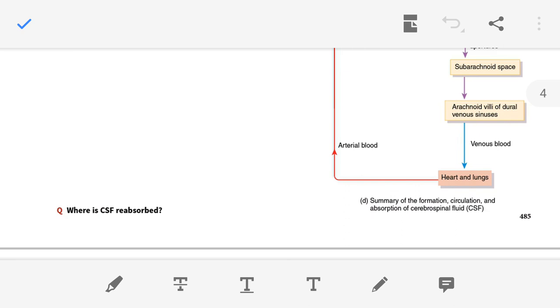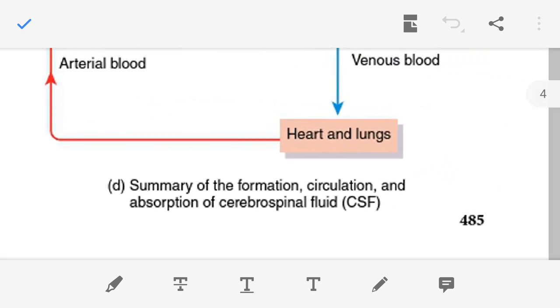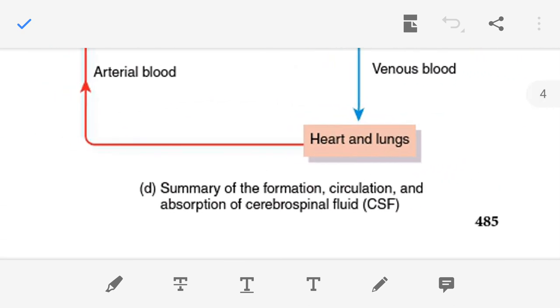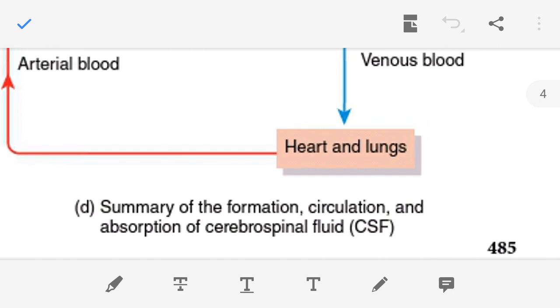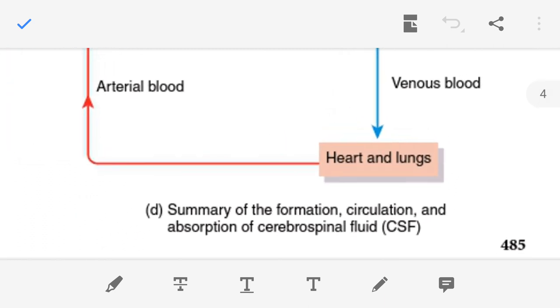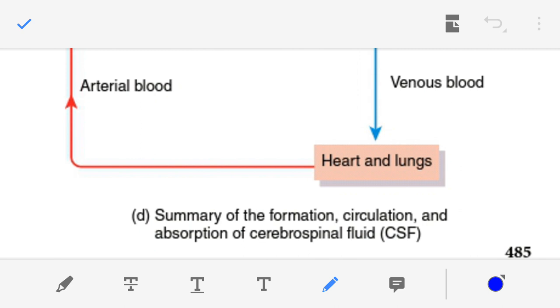Now here I am showing you one concept map, and in this concept map they have shown us the formation, circulation and absorption of cerebrospinal fluid. So first of all, you see this from heart. From heart there arises the aorta, from aorta arteries. In the artery there is arterial blood, red in color.